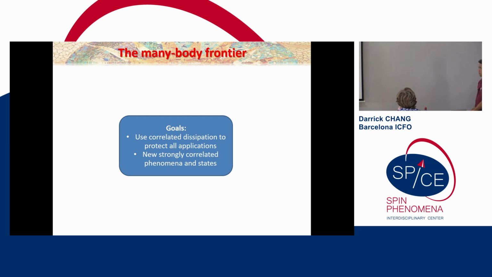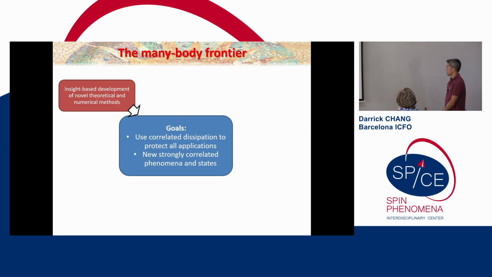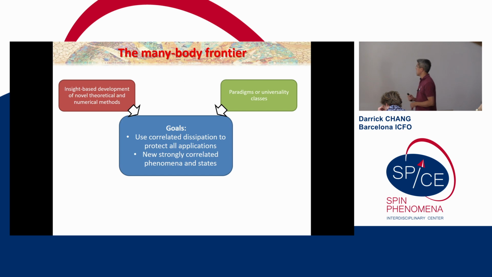So I think it's a very complicated problem. And I think to make progress on it, you need probably several different things to happen. So first, I think you need some kind of insight-based development of new theoretical and numerical tools to throw at this problem, because exact diagonalization will not get you very far, probably.